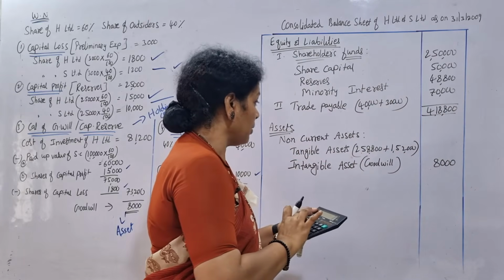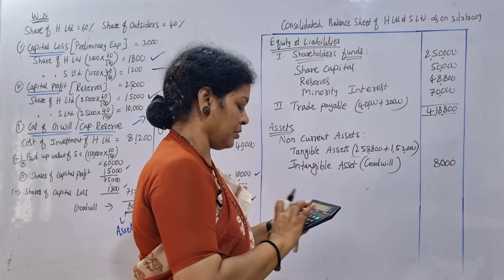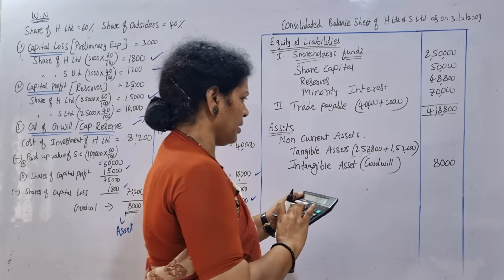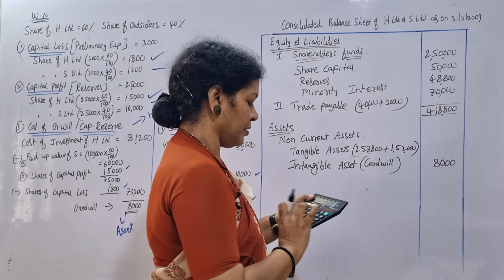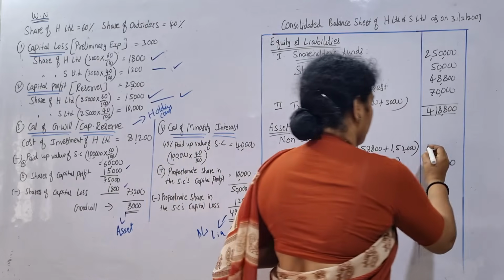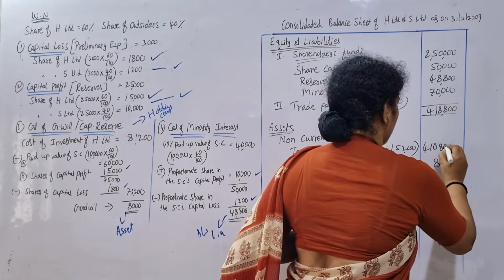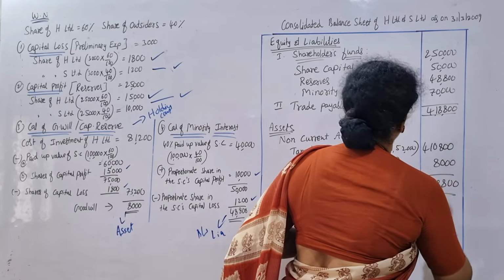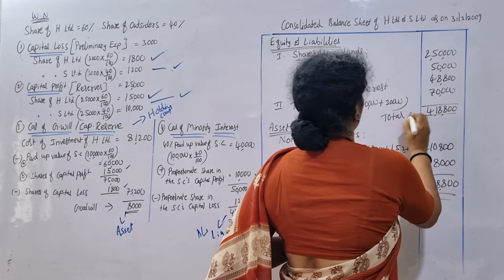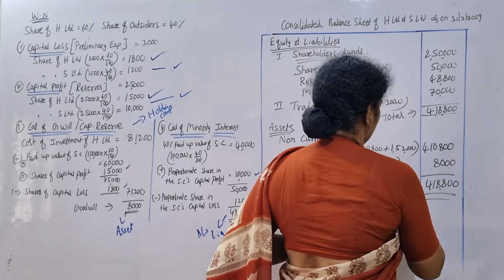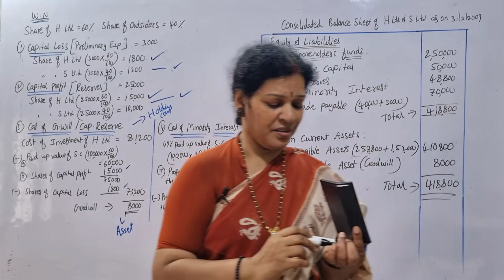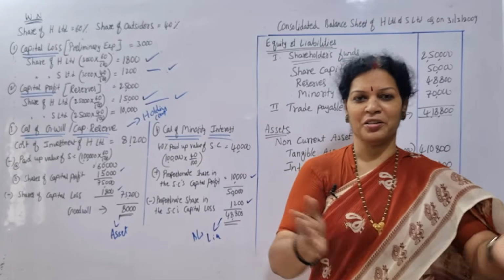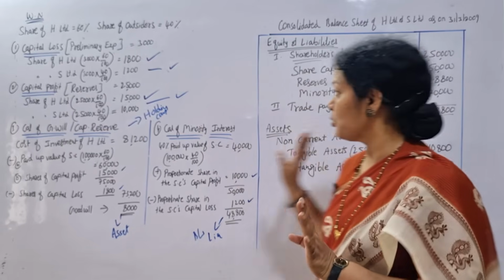Now here assets: 2 lakh 58,800 plus 1 lakh 52,000, that is 4 lakh 10,800, plus goodwill 8,000, the total is 4 lakh 18,800. Total of liabilities and total of assets got tallied. Consolidated balance sheet got tallied. I don't like to use calculator, but someone is not helping me here. Anyhow, is it clear?